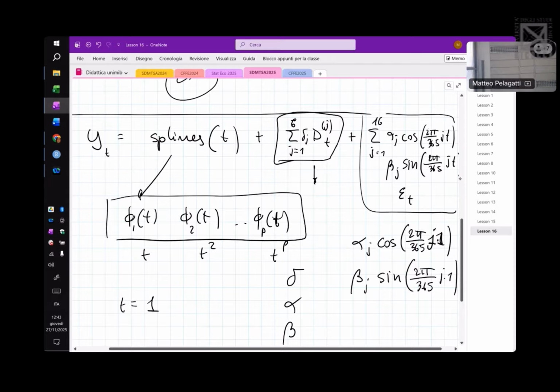So splines are a very, I would say, powerful tool.